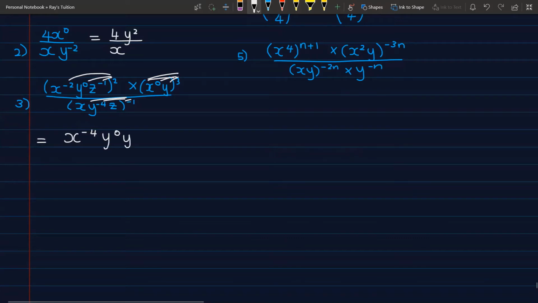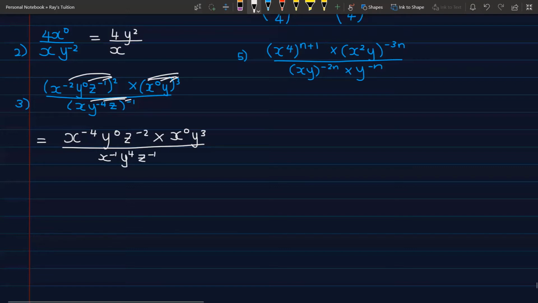This is minus 1 times 2, sorry, that's supposed to be a z. Minus 1 times 2, which is minus 2, times x to the power of 0 times 3 is 0, y to the power of 1 times 3 is 3. All over, then we've got x to the power of minus 1 when we multiply the exponent with minus 1, y to the power of positive 4 when we multiply minus 4 with minus 1, and finally z to the power of minus 1.